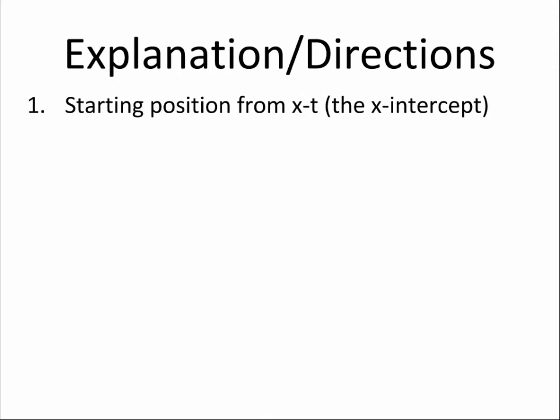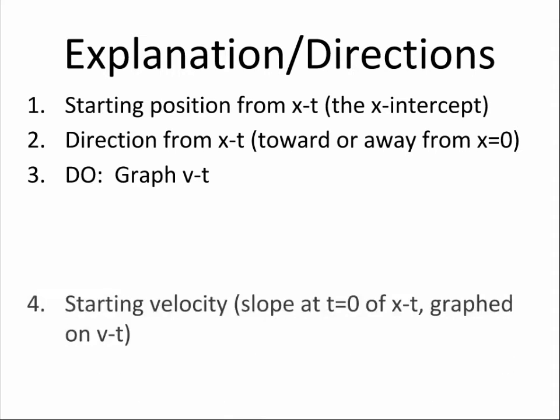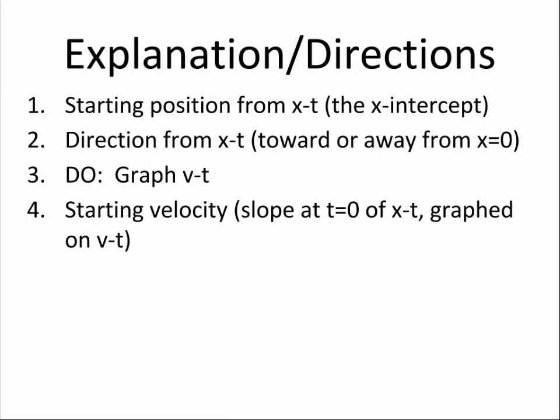Explanation and directions. 1, starting position from the XT graph. That's the first thing you get. 2, you need the direction from the XT. So when we do this, you're going to list the starting position and then the direction from the XT. Then you're going to draw the VT. You're going to put your handy-dandy slopometer down, and you're going to draw the VT. Then you're going to record what the starting velocity was.